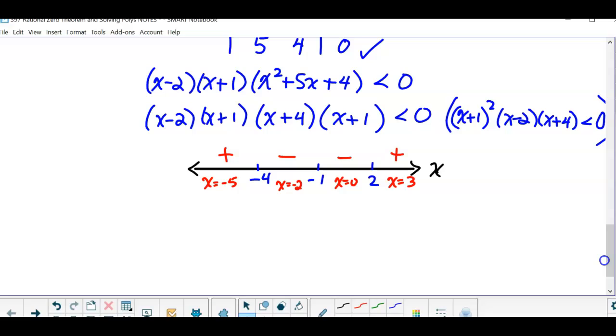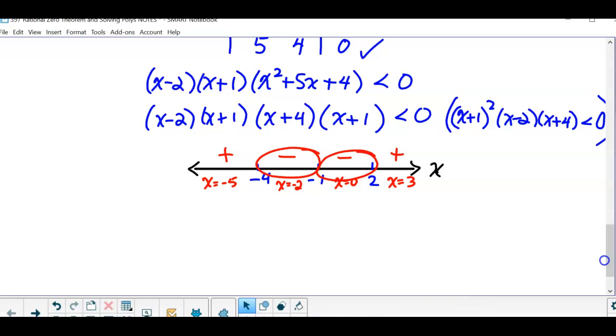So if we're looking for where this is less than 0, we're looking for this interval here and this one here. Can I do a whole circle around that? No, why not? Right. Because no equal sign there, right? At this point, it's equal. So that's why I did 2 circles, basically.